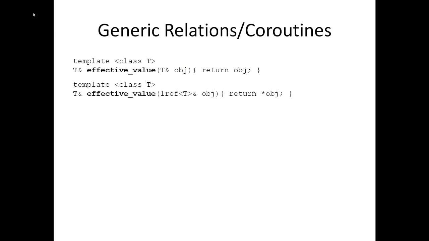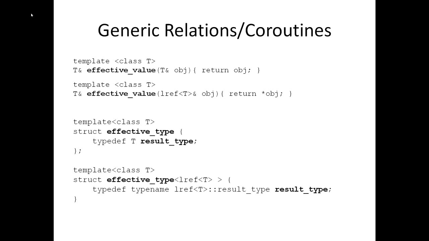Often when defining generic relations imperatively, it may be desirable to be agnostic about whether a particular object you're working with is a logic reference or not. In such cases, it's useful to use this helper function called effective value, which will dereference the object if it is a logic reference, or else it simply returns the original object.